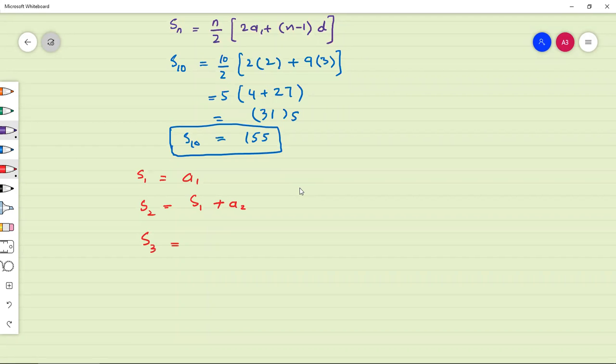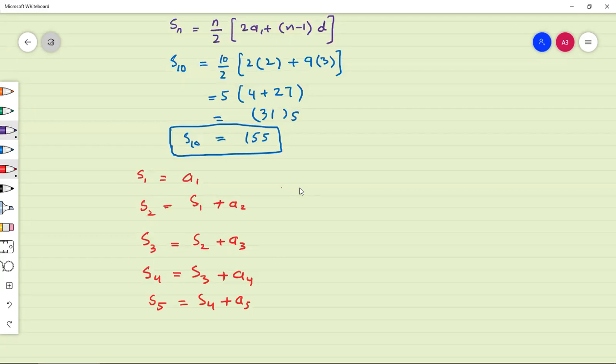S3 means if we have the sum of two terms, just add the third term. S4 is S3 plus the fourth term. So S5 is equal to S4 plus a5.